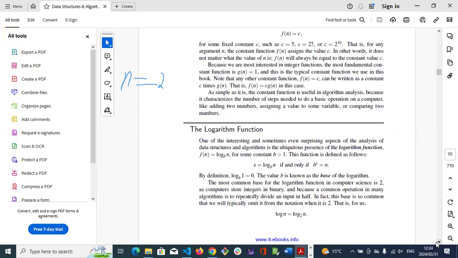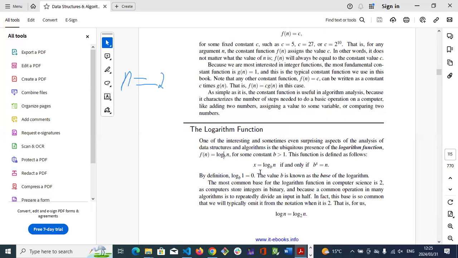And then we have what we call the logarithm function. The logarithm function is one of the interesting and sometimes even surprising aspects of the analysis of data structures and algorithms. It is the ubiquitous presence of the logarithm function. The f of n is equal to log of n base b, for some constant b greater than 1.